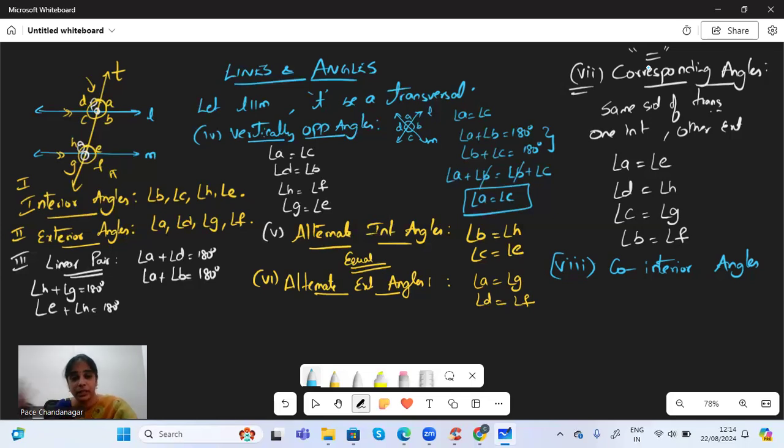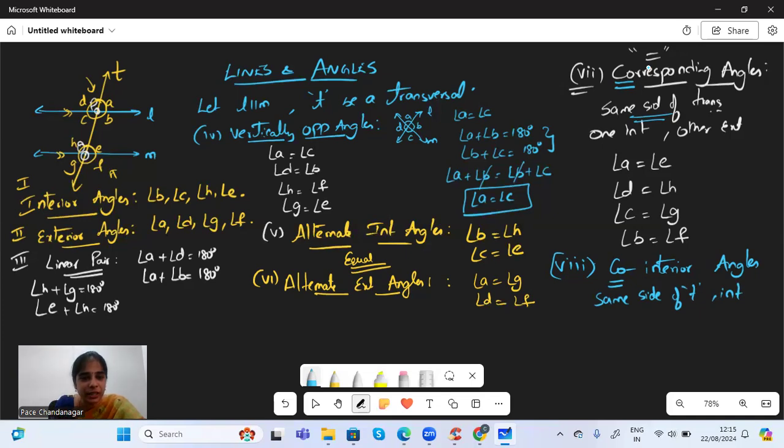It is not that one is lying that side and the other is lying this side. It is not happening that way. Clear? Wherever you have corresponding, starting with co, we took the same side of the transversal, right? So even here I'm starting with co, which means they also have to be on the same side of the transversal, along with interior angles also.